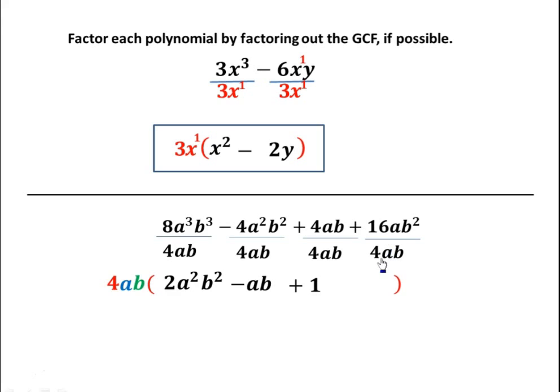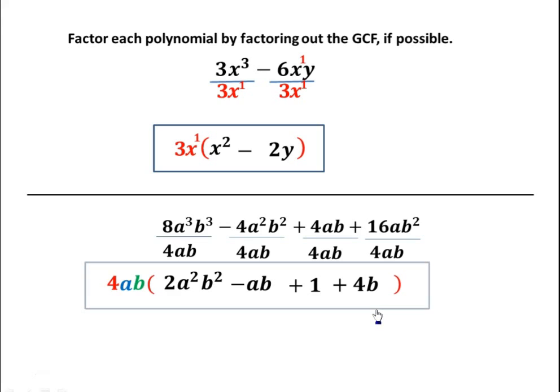And then the a's will cancel, and I should have 1 power of b left over because I have 2 on top and 1 on the bottom, so that gives us plus 4b. So this is the factorization of our original polynomial.